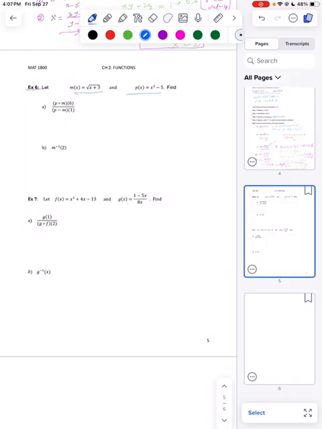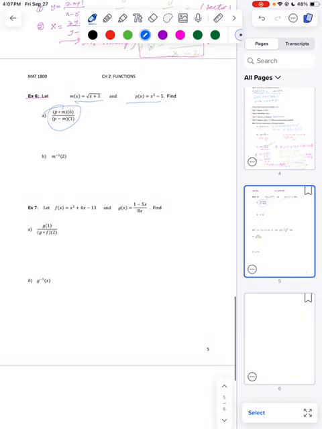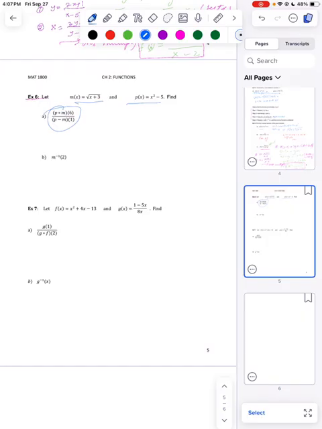To find it, you should try to find the numerator separately and then the denominator and then put them together. So I will do it by finding P composed with M of 6.